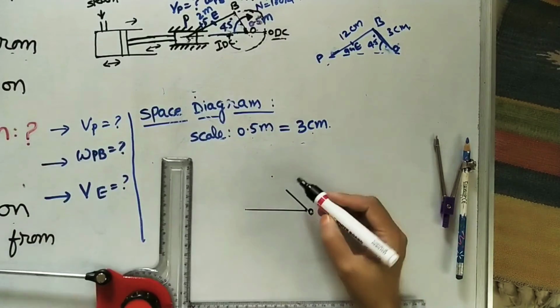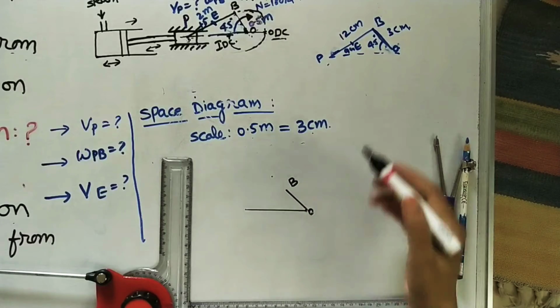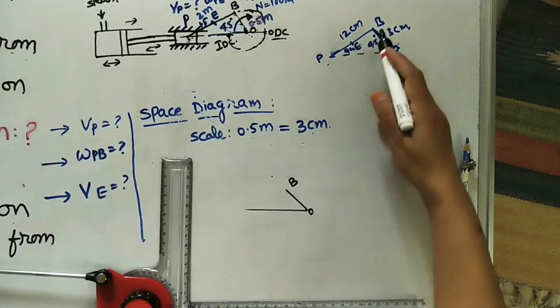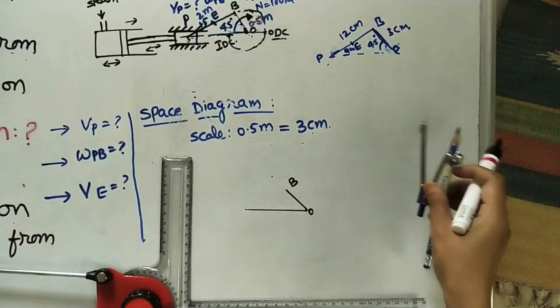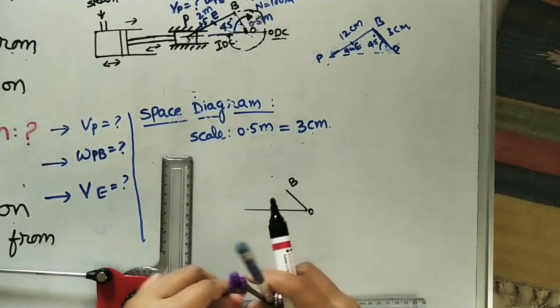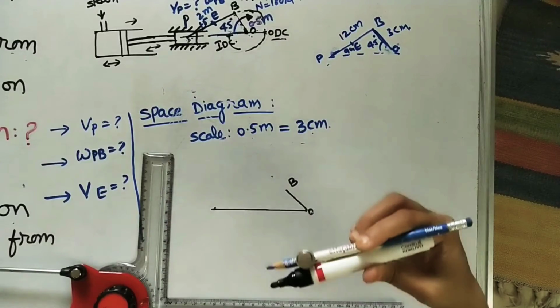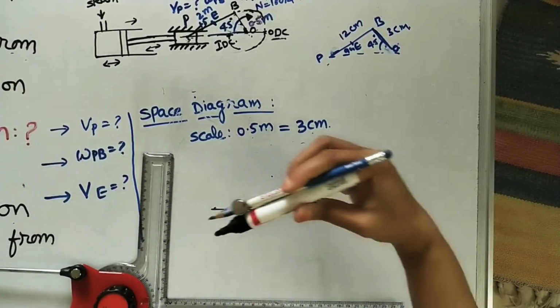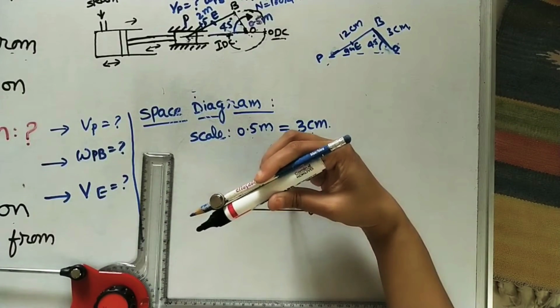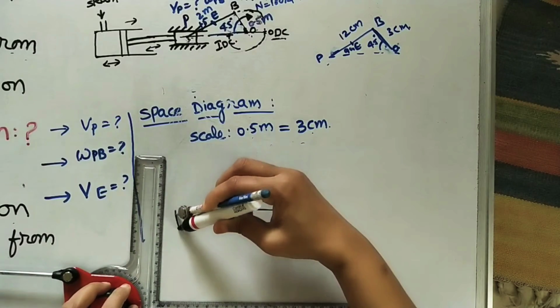This is the B point. From B, the P point is 12 centimeters. By using the compass I will take 12 centimeters from the B point. With a pencil I can't draw the line, that's why I kept the marker parallel. From the B point, draw one arc here.